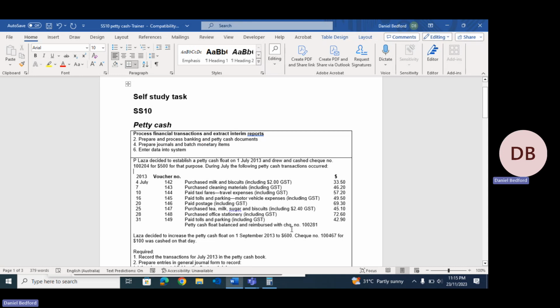So in short, they started a petty cash system by putting in $500. And then during the month of July, they had the following transactions. So just counting the number here, 1, 2, 3, 4, 5, 6, 7, 8. Okay, 8 transactions. And then they reimburse the petty cash float at the end of the month, as they should.